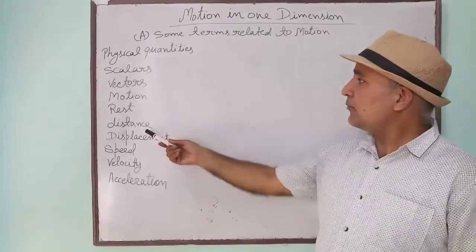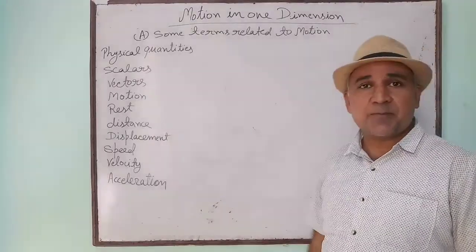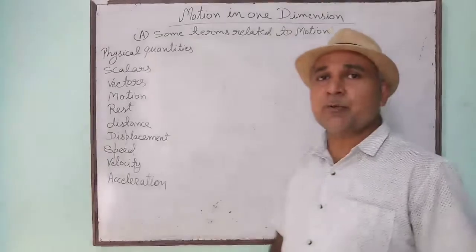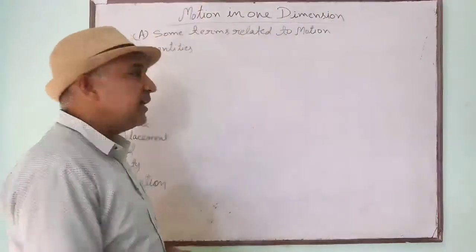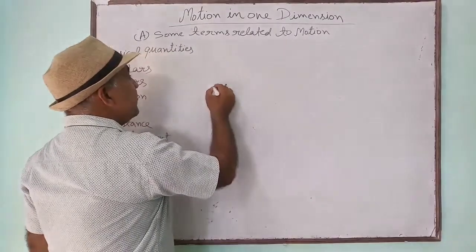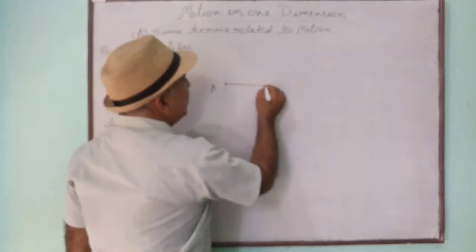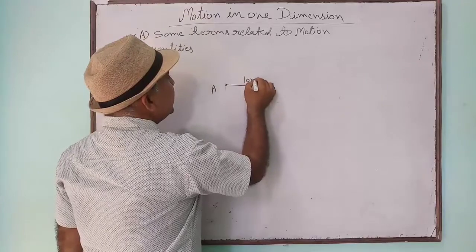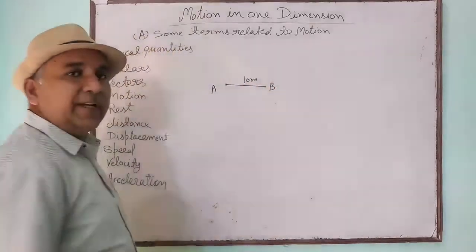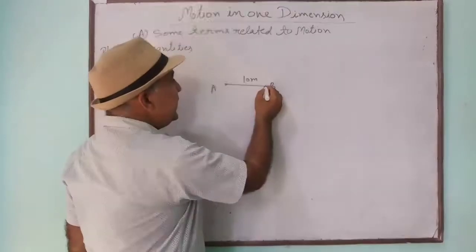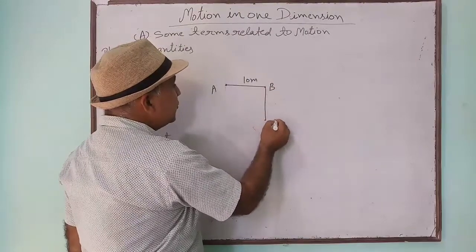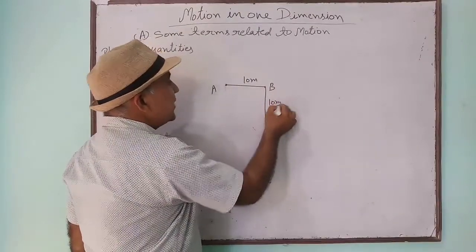Then we studied distance and displacement. About distance, I told you it is the actual length of the path covered by a body. Suppose there is a point A from where a body starts moving and after 10 meter it reaches point B. Now from B at 90 degrees it moves to point C by 10 meter.